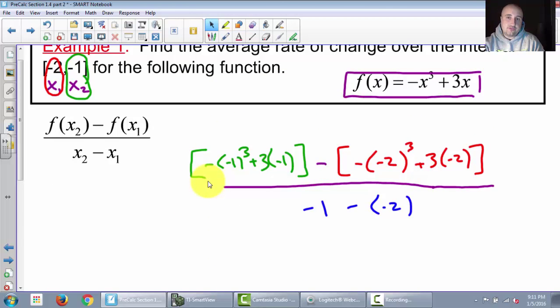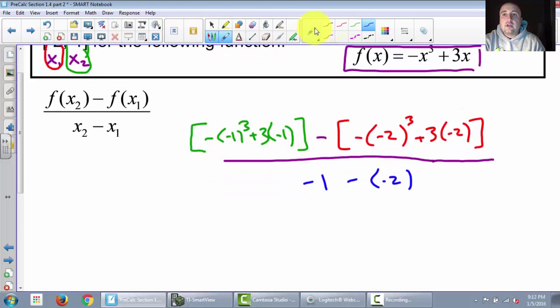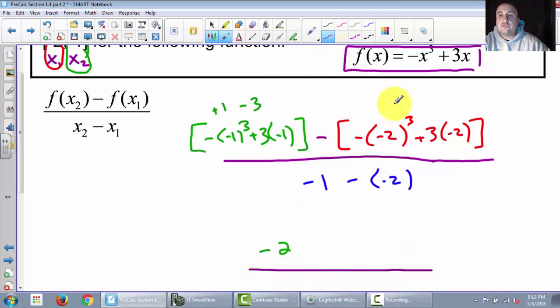All right, let's do the math. Let's do the green one first. We have negative 1 cubed, that's negative 1, times negative 1 is positive 1, and then 3 times negative 1 is negative 3. 1 take away 3 is negative 2. So the green part is negative 2. Let's do the red now. I have minus, because of the minus sign in the problem.